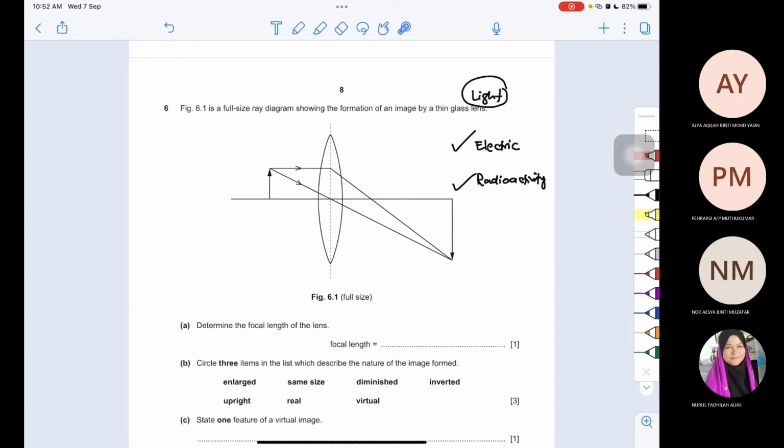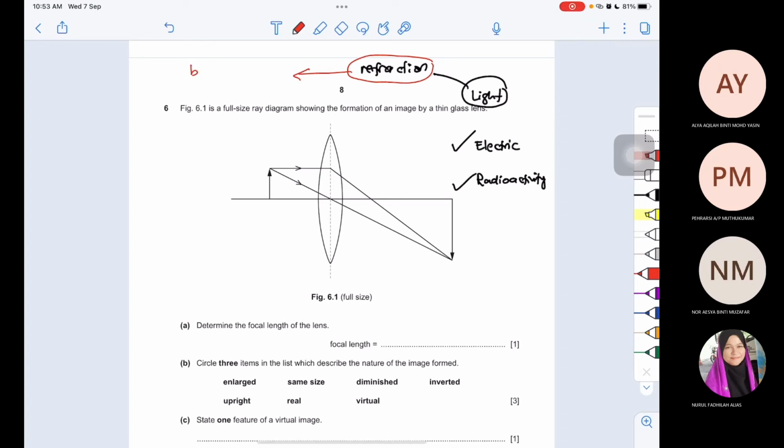Thin glass is usually a lens. Light passes through the lens, which means we do not have reflection, we have the phenomenon of refraction of light.